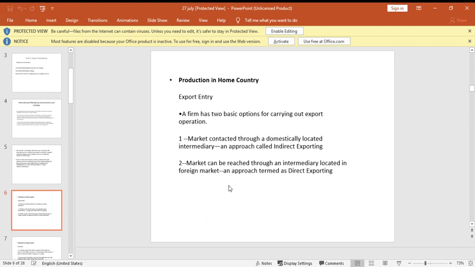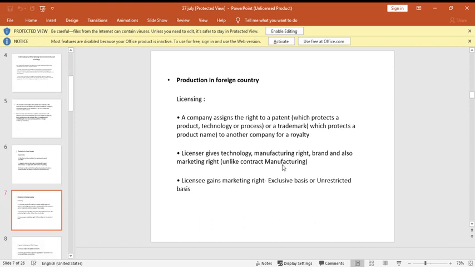Or the market can be reached through an intermediary located in the foreign market, an approach termed direct exporting. So, there are two types: indirect exporting and direct exporting.